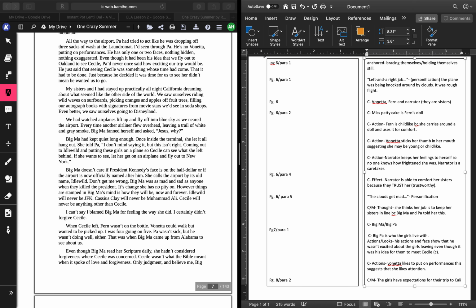We also learned they're going to California, right? That's a big deal. They think they will go to beaches, Disneyland, and have a great time. I think they think this is going to be a great vacation.